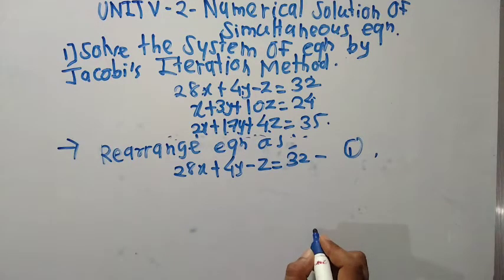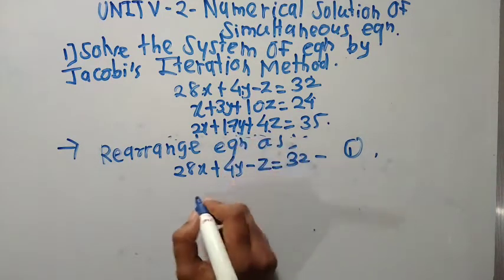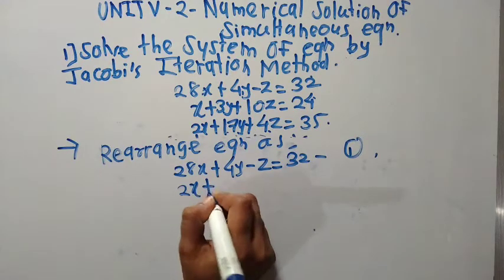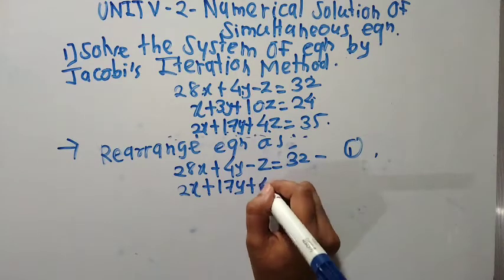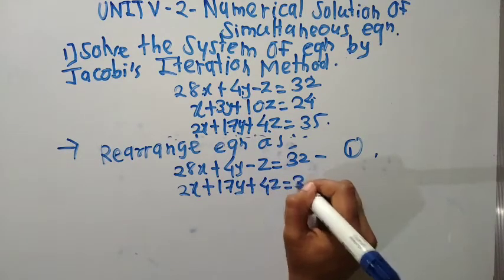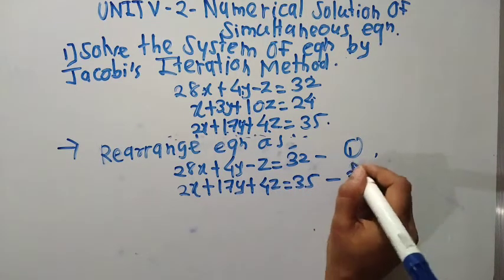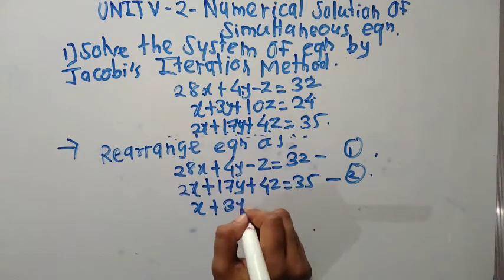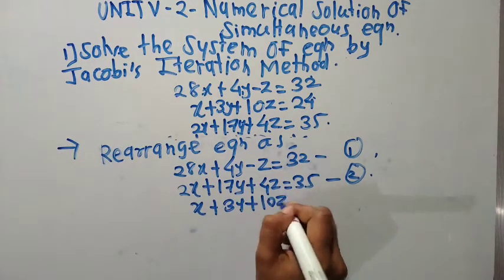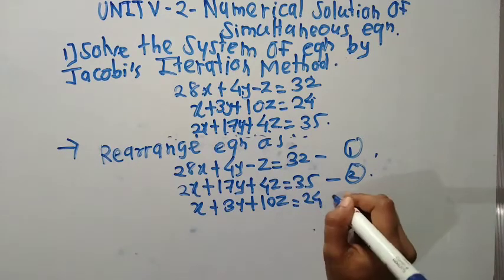Then second equation is 2x plus 17y plus 4z is equal to 35. This is our second equation. Then x plus 3y plus 10z is equal to 24.